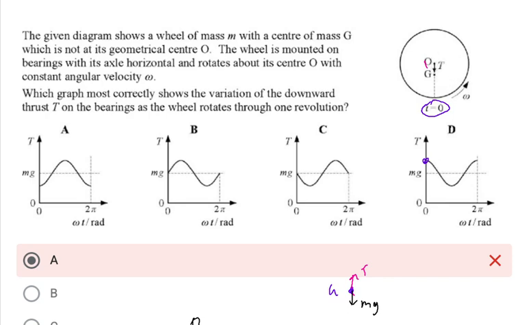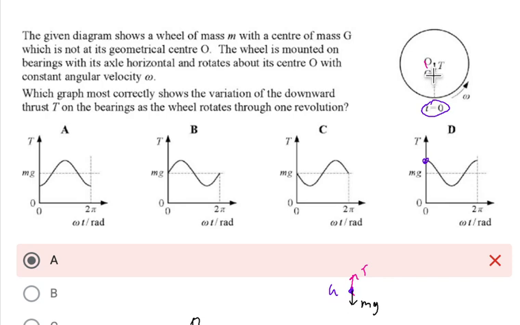So, where did this force come from? That came from the rotation of the wheel, and therefore that circular motion, and there will be a net inward force towards the center. There'll be a centripetal force in towards the center due to the angular velocity, of course, but at the same time something to do with the weight being off center as well.